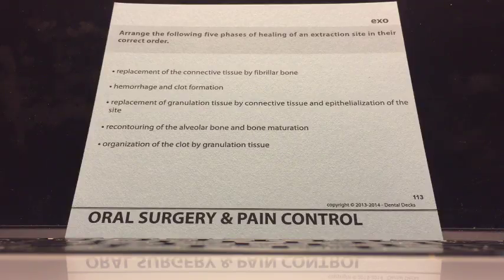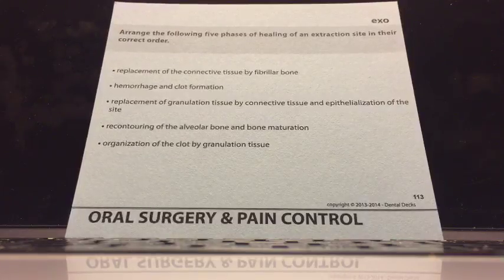So recontouring of alveolar bone and bone maturation should be about the 4th. Replacement of granulation tissue by connective tissue and epithelialization of the site, that would be about 3rd. The first one should be hemorrhage and clot formation.